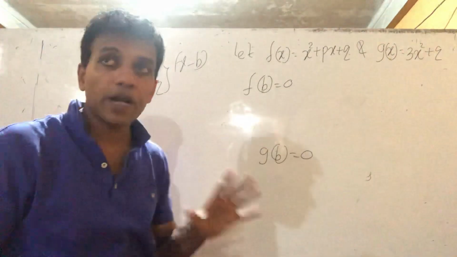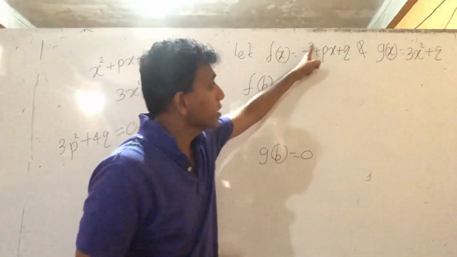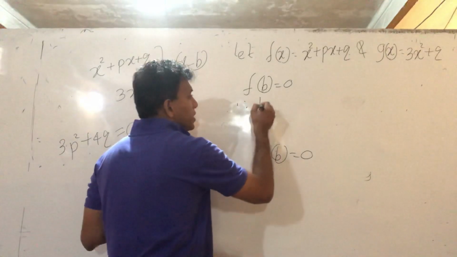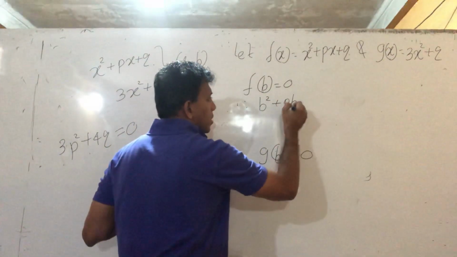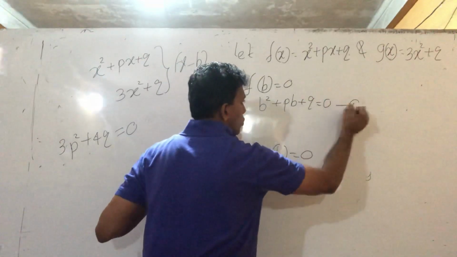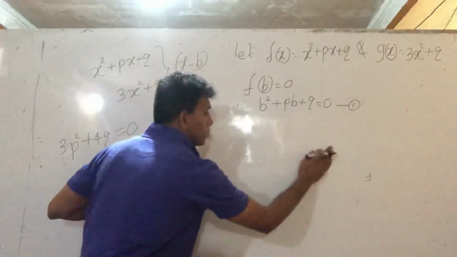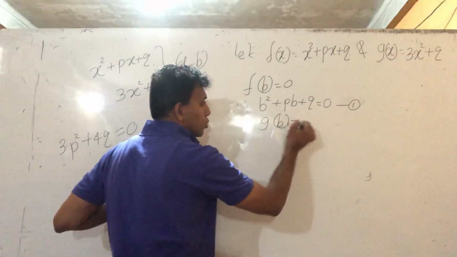Now we build up the equation. What is f(b) = 0? Put x = b here: b square plus pb plus q equals 0. Next, what happens if g(b) equals 0?